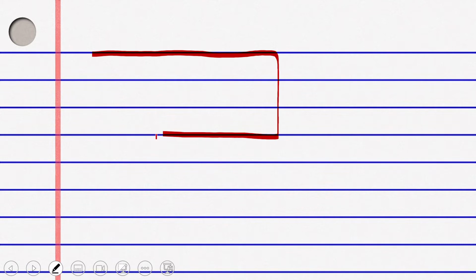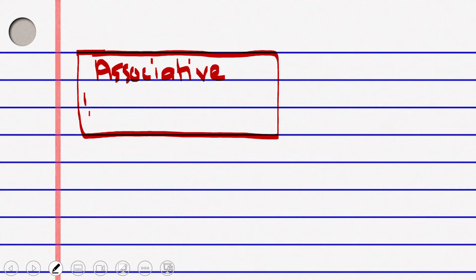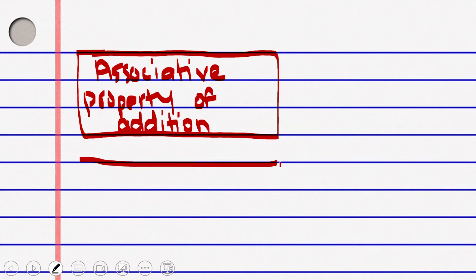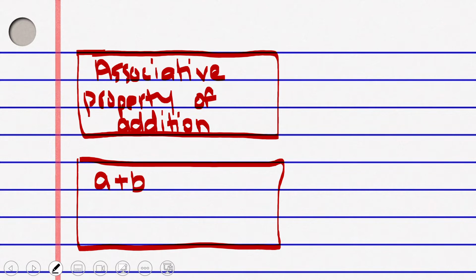Your next flashcard is called the associative property of addition. This says when A plus B is grouped plus C on one side of the equal sign, it's equal to A plus B plus C, where B and C are grouped.